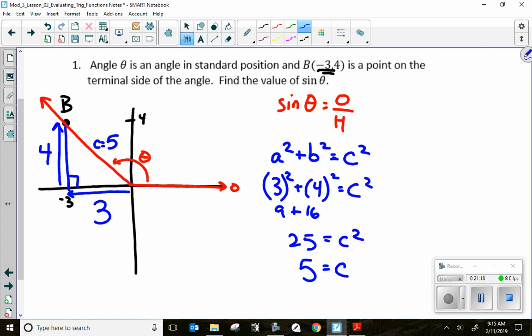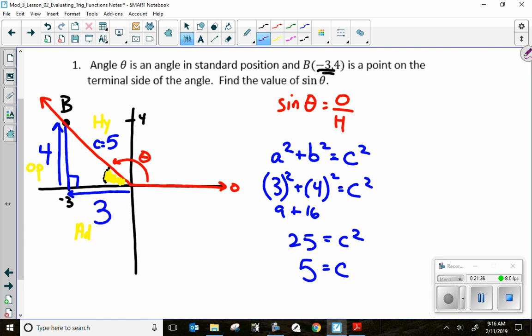So what's the important part there? This is my reference angle. Okay, right there. I don't know what the value of it is, but I know this is opposite of it. I know this is adjacent of my reference angle. And of course, this is my hypotenuse.